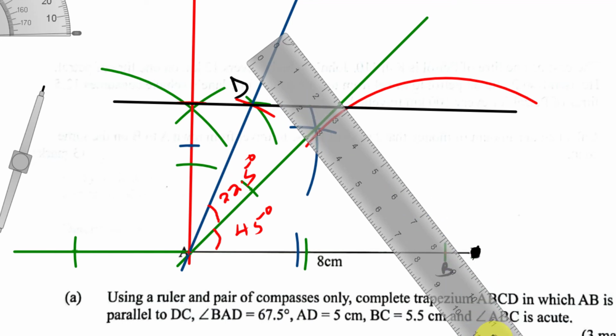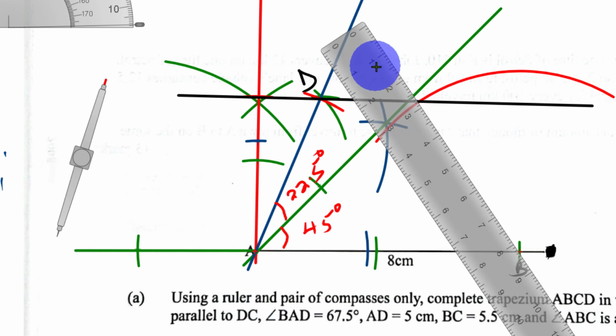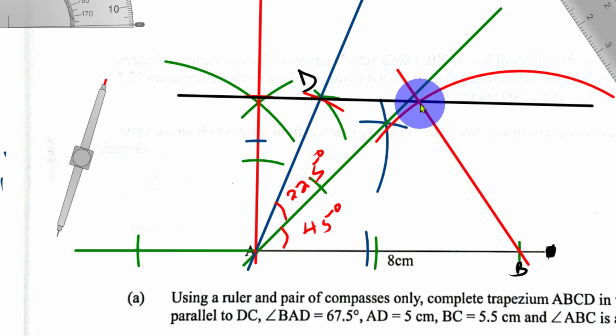I marked that arc using this measurement. BC is equal to 5.5. So like that, when you join it, now you notice that where this arc intersects with this line, this is point C. I should indicate that. So this is now point C.